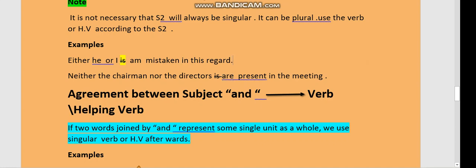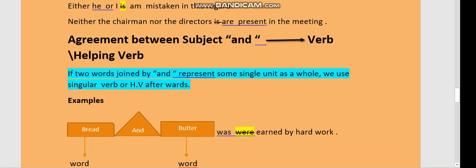Our next topic is the agreement between subject and verb when there is and between two subjects. What does it mean when and is present between two words that actually form a single subject? If two words are joined by and and these two words represent a single unit as a whole, then we use a singular verb or helping verb after that.